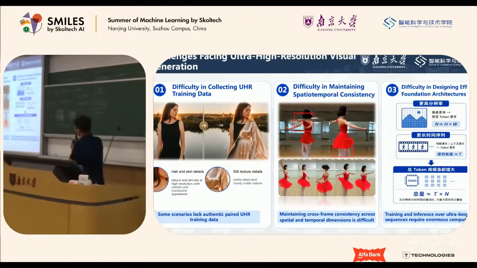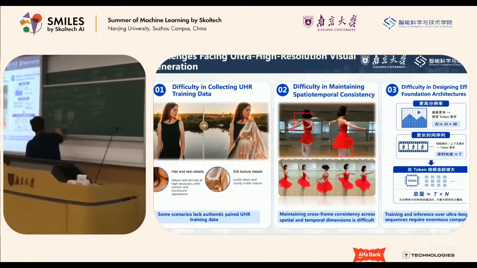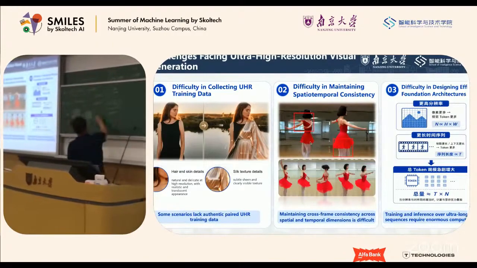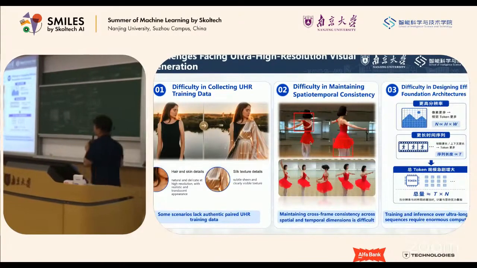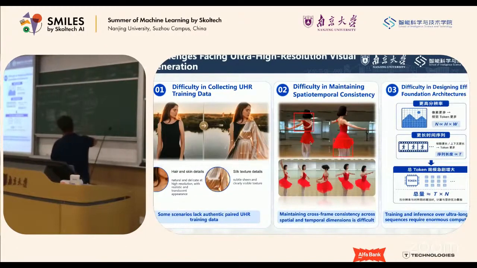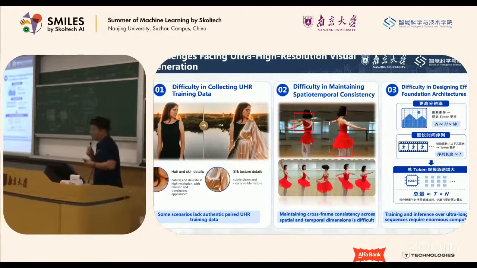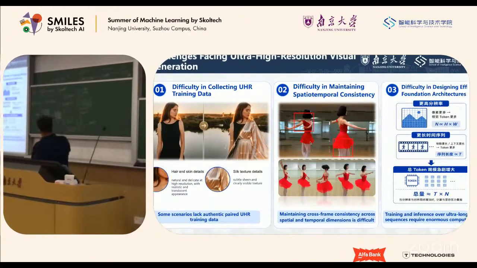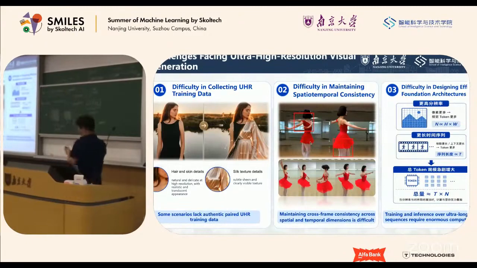And also, if you have longer sequences, so this is spatial. If you have more frames, which means longer time, that also leads to more tokens, right? So when we take the two cases together, we have higher resolution and we have longer sequences.